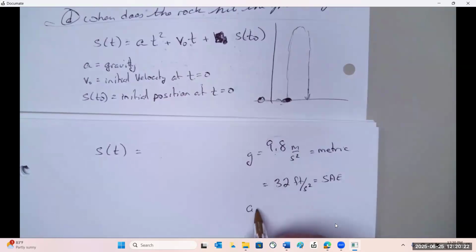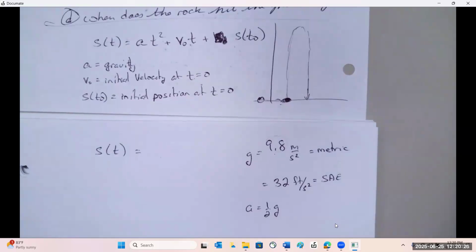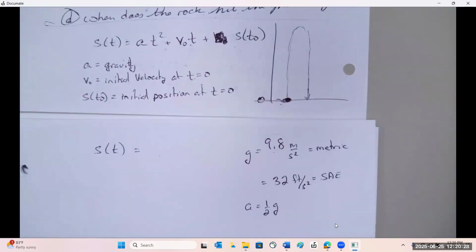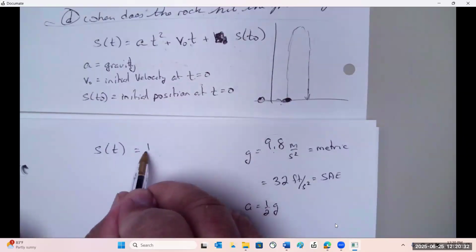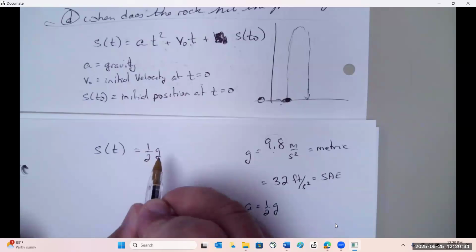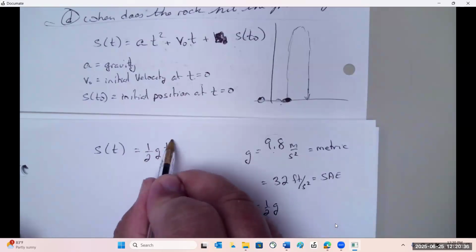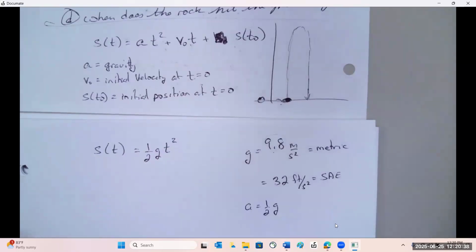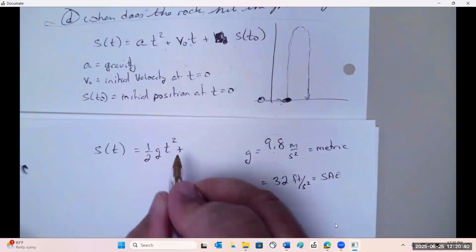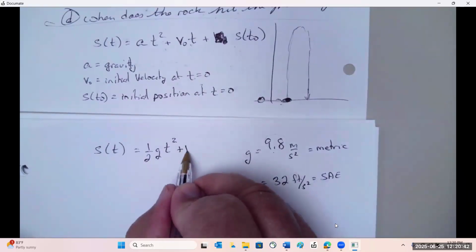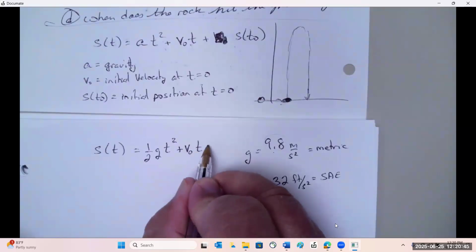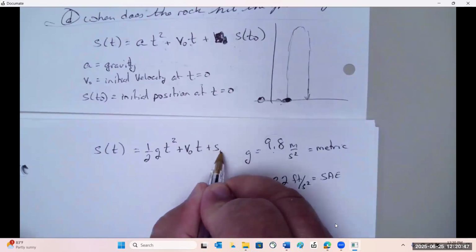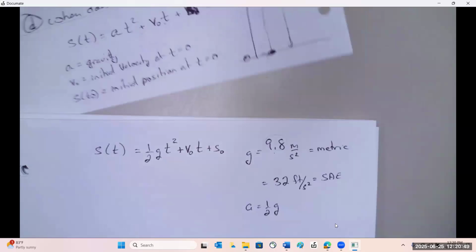But for our acceleration, it has to be 1/2 gravity. So we have 1/2 gravity times whatever time squared we have, plus our initial velocity at time t, plus our initial position at time 0.